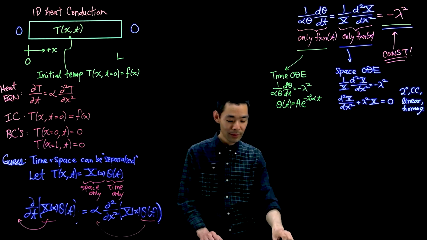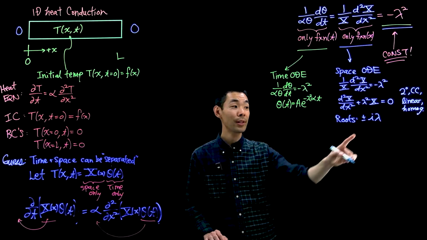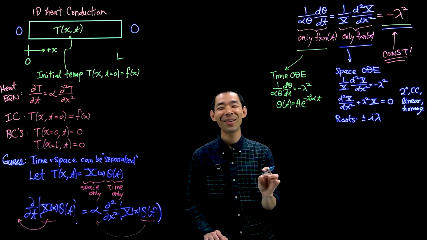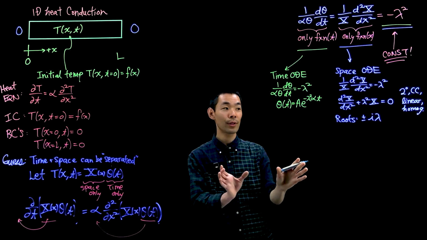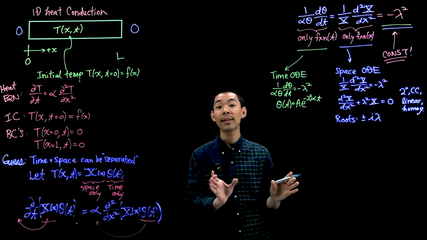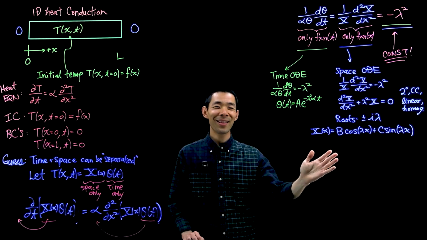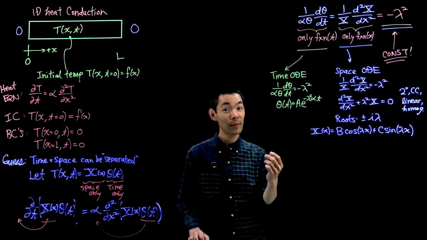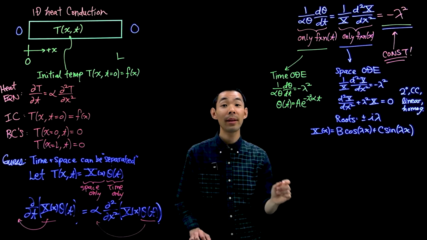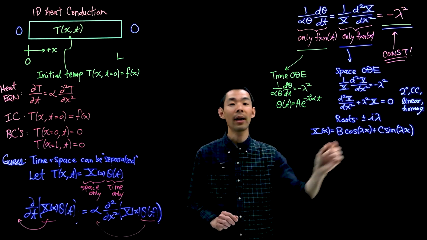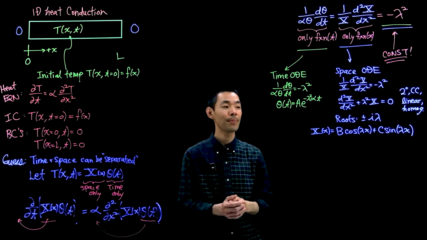Okay? So you get complex roots, and like you already know how to do, when you have complex roots, your solution to the second order ODE will be sines and cosines. Just like that. So you have two constants of integration, b and c. It's multiplied against a cosine and sine, because that's what you get when you have complex roots.